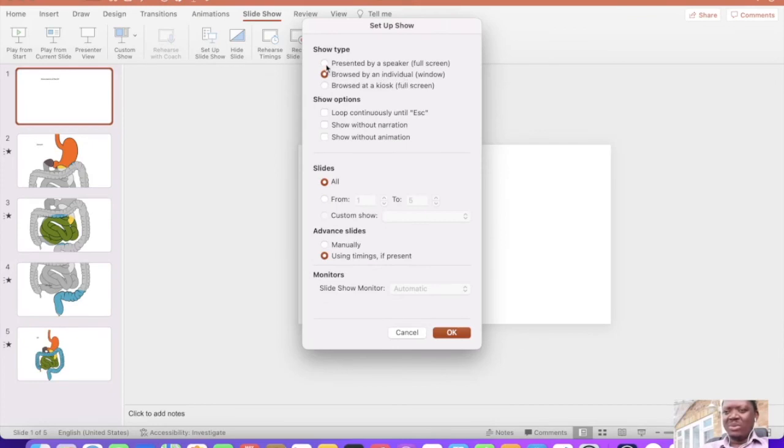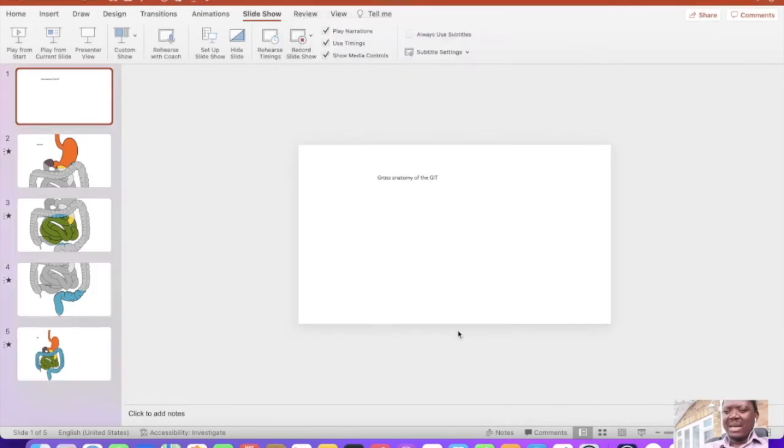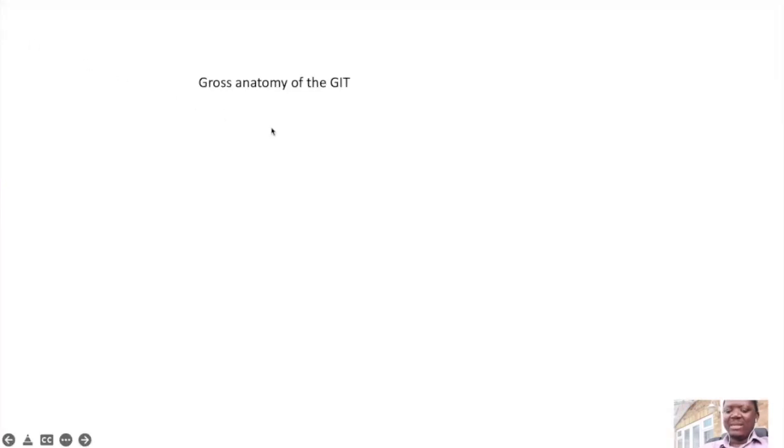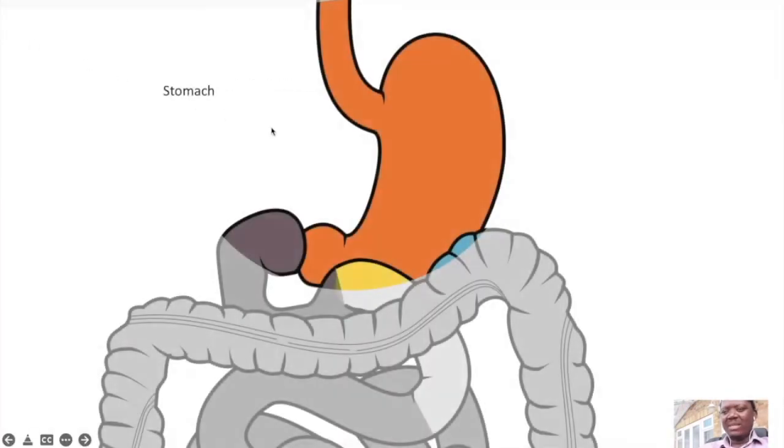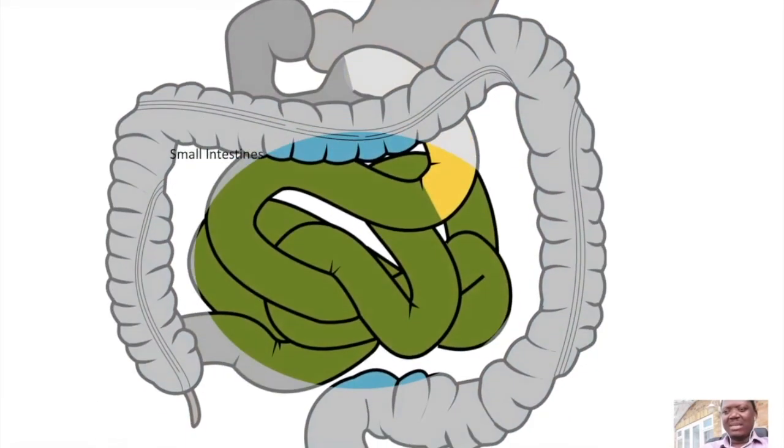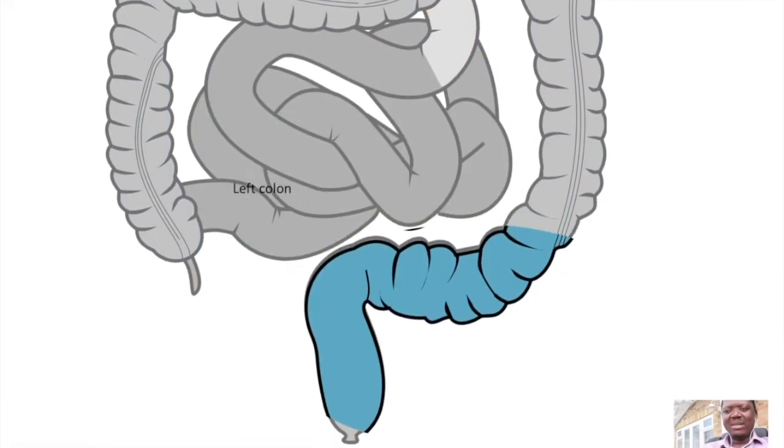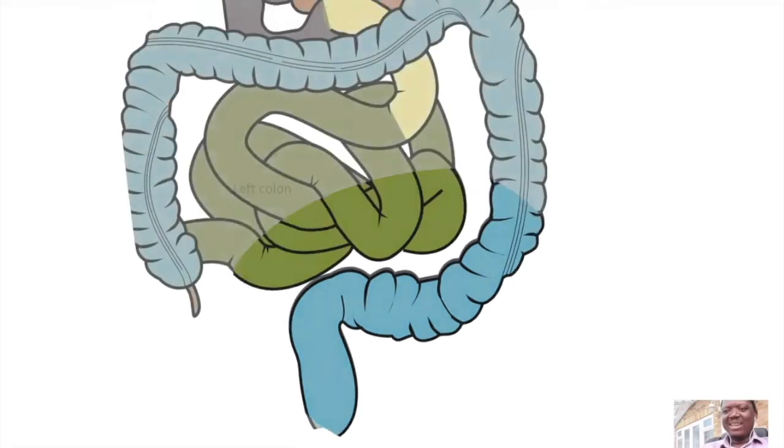But if you just want to show a presenter view, you can select that and come over here, and then you can start from the first slide and say, okay, this is the gross anatomy of the gastrointestinal tract. The stomach here, and then the small intestines with the left colon showing at least the sigmoid colon and the rectum.